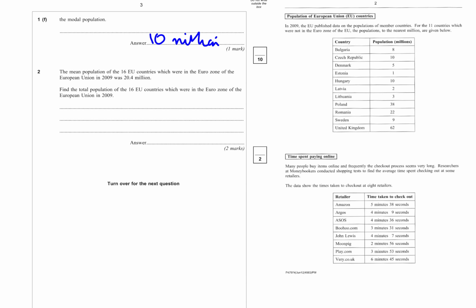So the mean population was 20.4 million, of 16 countries. Remember in mathematics, if anything is of, it actually means times. So we've got 16 times 20.4, and if I times that together on my calculator, I get 326 million. There you go.